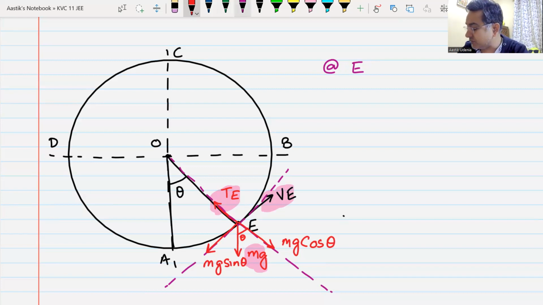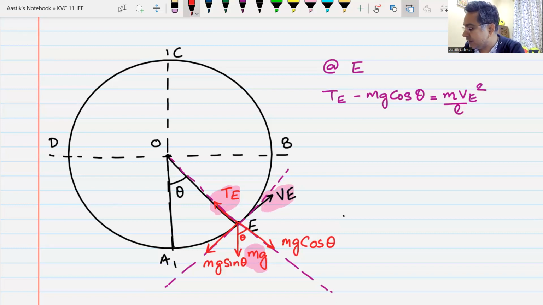So what was the equation? T minus mg cos theta is equal to m v square by L. That is, at point E, T_E minus mg cos theta is equal to m v_E square by L. That is absolutely correct.